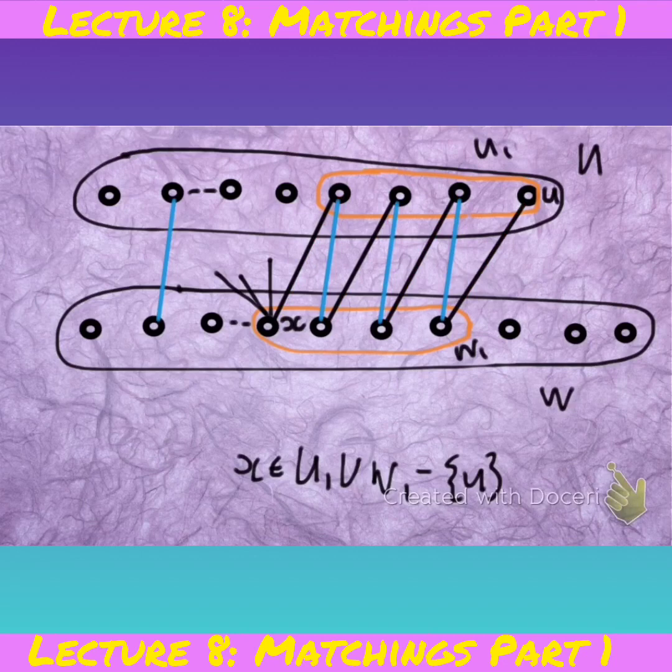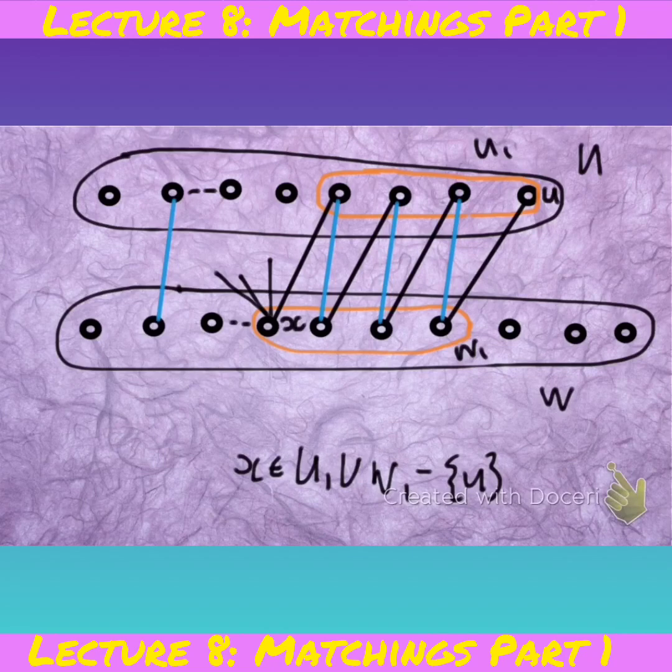Now remember, M is a maximum matching, and we already said that a matching is maximum if and only if there are no M alternating paths. Now remember what an M alternating path is. It's a path that alternates between non-M edges and M edges, and the end vertices are M unmatched.